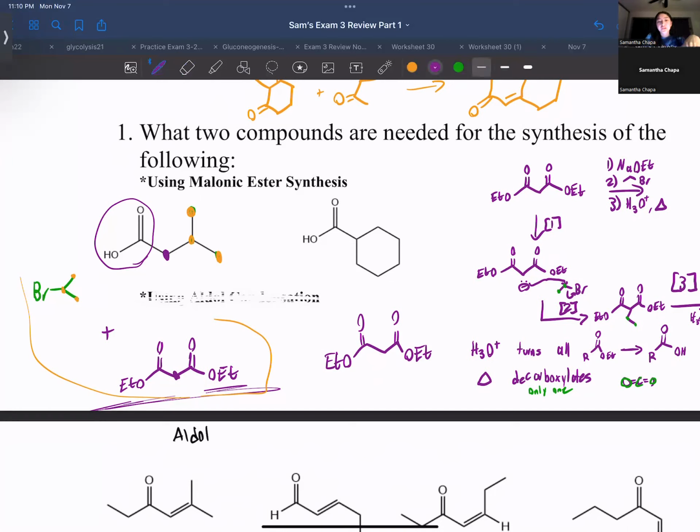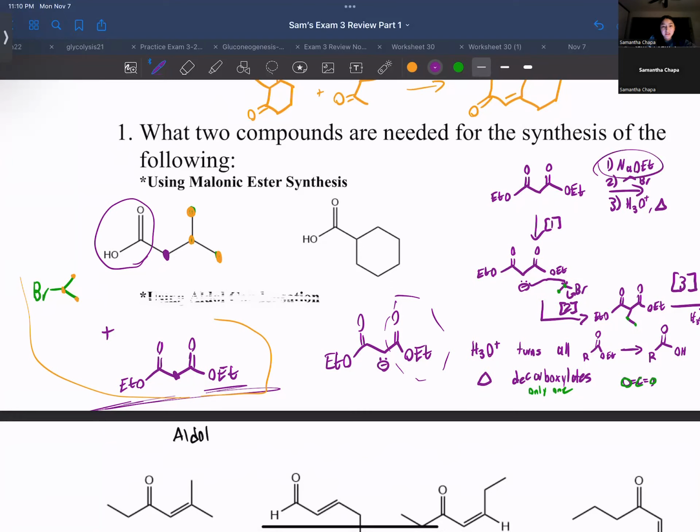You're using H3O+ to turn the ester groups on the malonate into carboxylic acid groups. And after you turn both of them into carboxylic acid groups, the heat decarboxylates only one. Okay, so then basically what I'm saying is you've already taken off something like this.